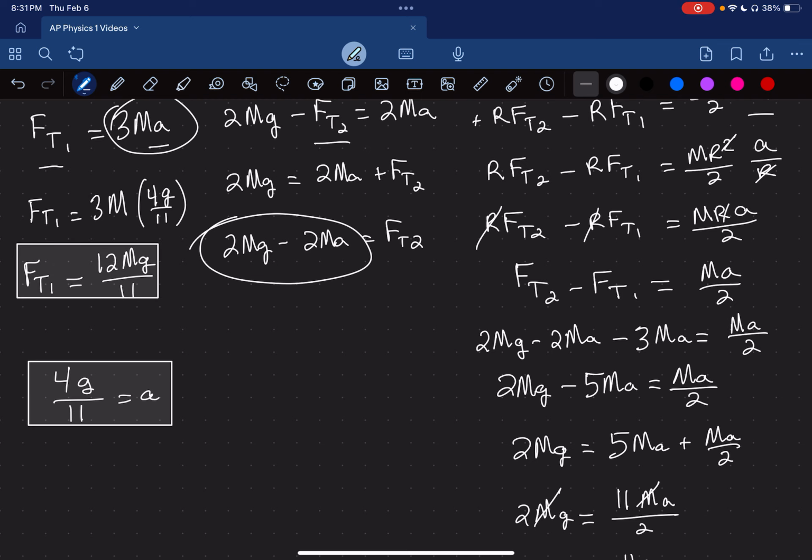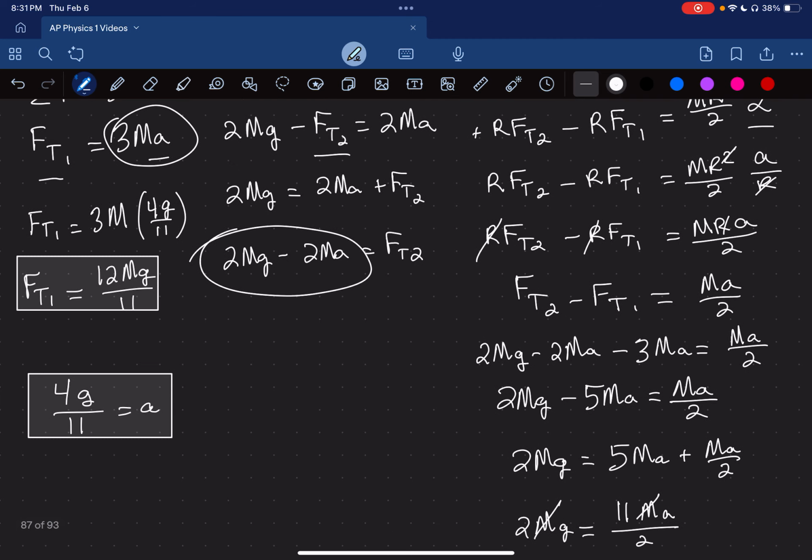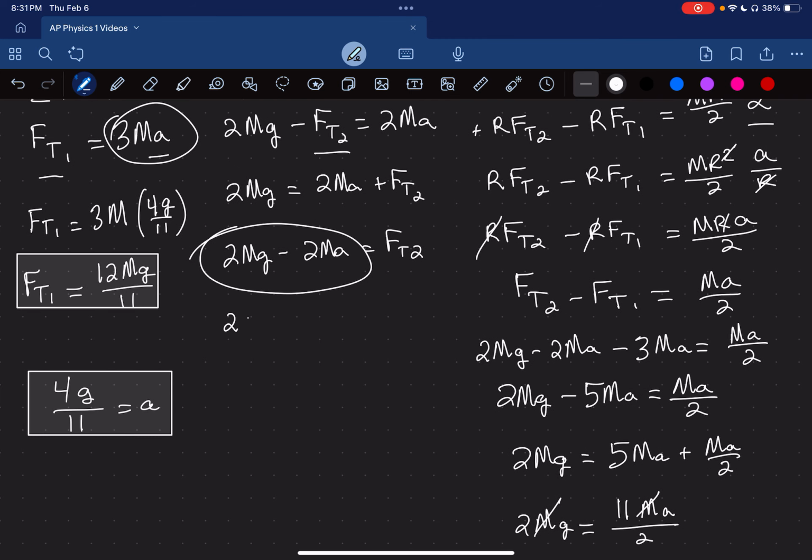And we'll come back over here. Is this the best way to solve it? Yeah. 2mg minus 2m times 4g over 11. 2mg minus 2 times, actually, let's do this. 4 times 2 is 8, m times g over 11.